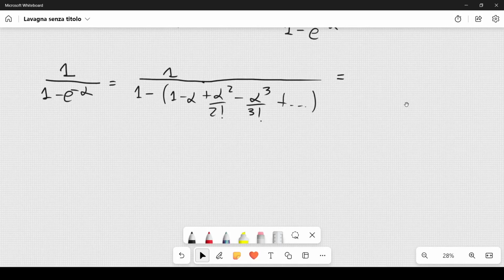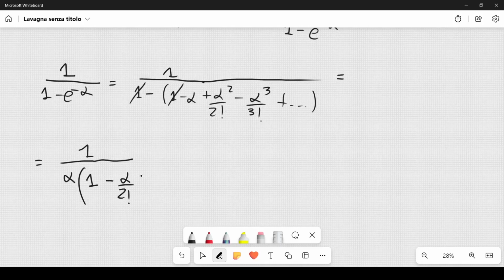this term like this, 1 over, so this 1 will cancel this 1, and I will be left with alpha, and if you check, I can also factor out alpha, so I have, in particular, 1 minus alpha over 2 factorial plus alpha squared over 3 factorial minus alpha cubed over 4 factorial, and then you understand the pattern, right?